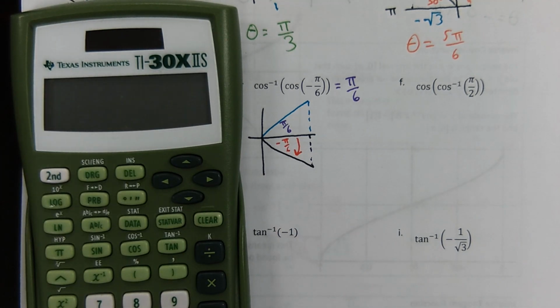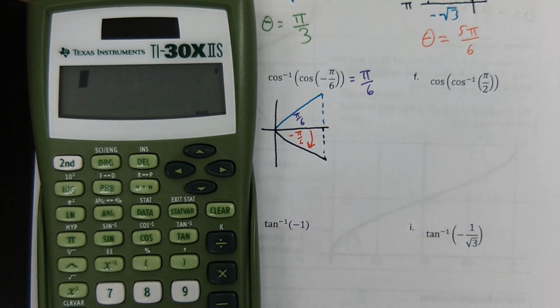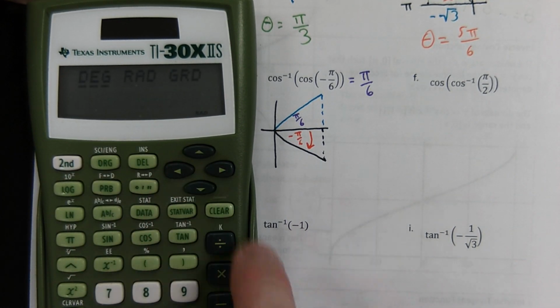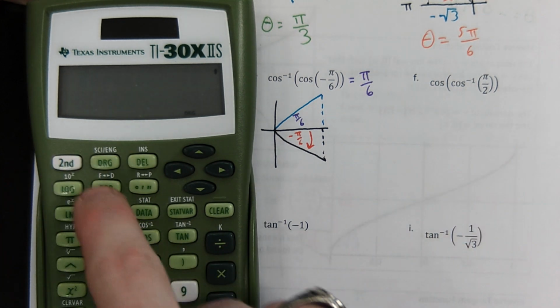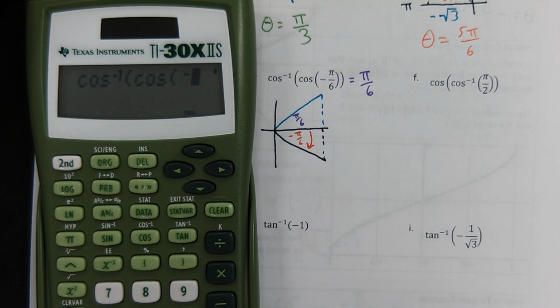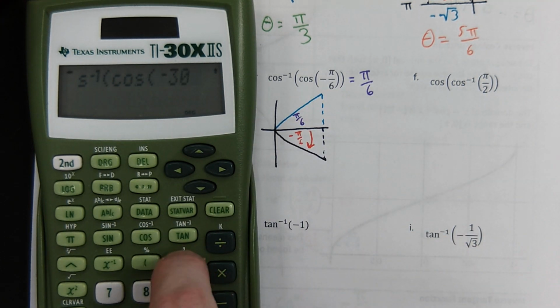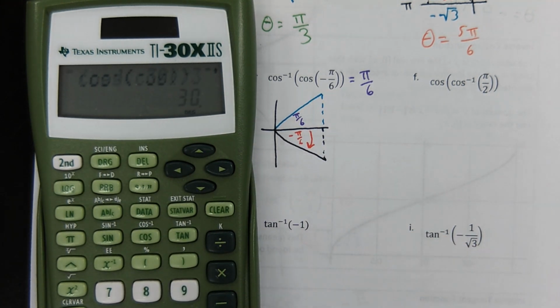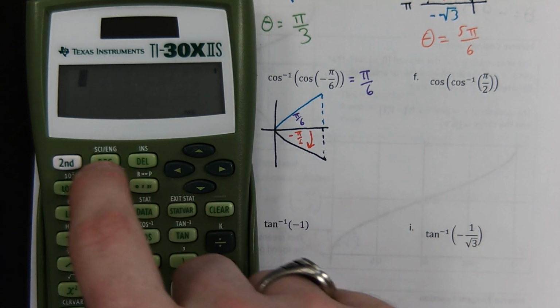And just to prove a point, I put my calculator in degree mode because pi over 6 is 30 degrees. Cosine inverse of cosine of negative 30 degrees is positive 30 degrees. See? It reflected it for me.